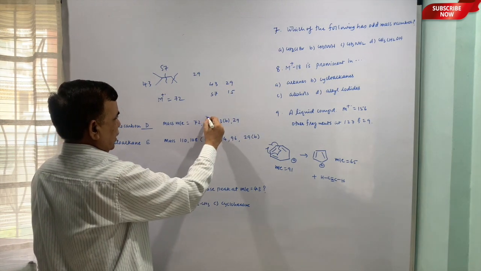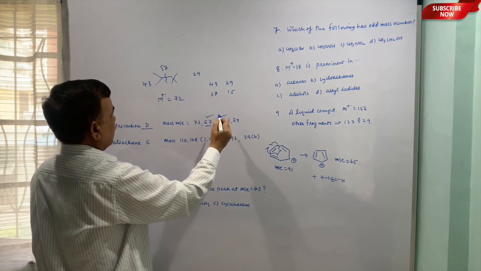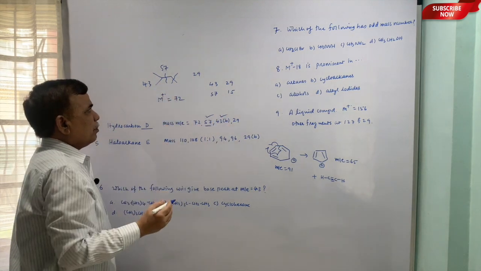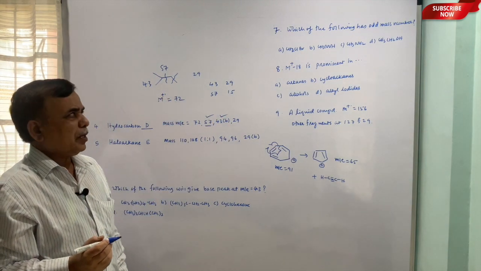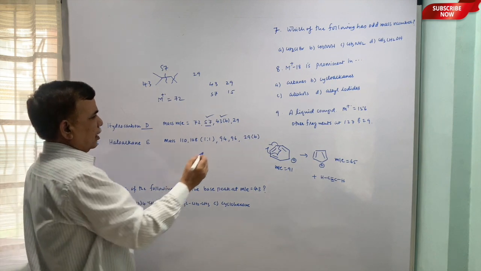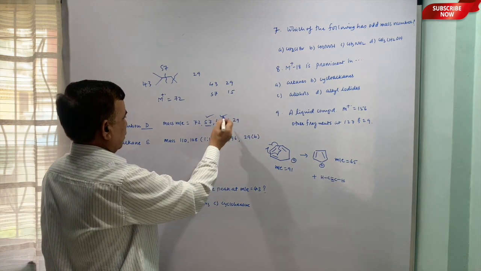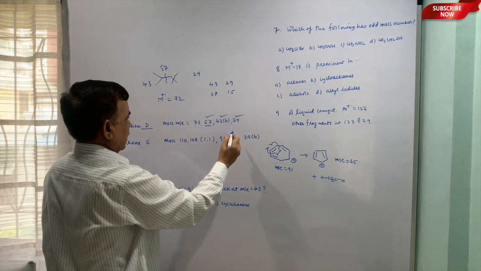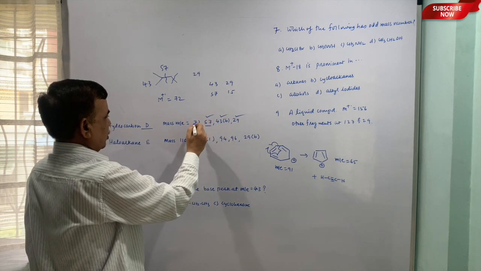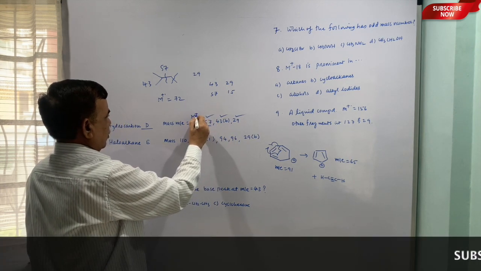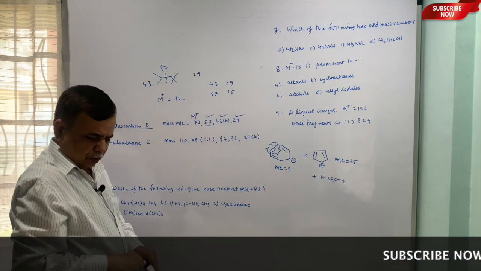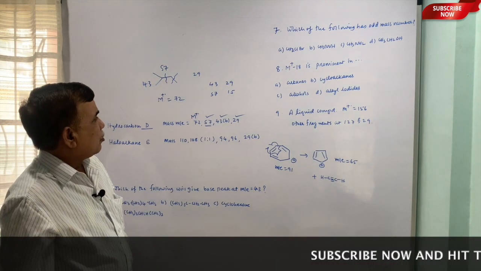So 57 is given, 43 is given. 43 can be base peak because this is the most stable carbonium ion one can have, and 29 can be positive or radical. Now in this case it has to be positive, this has to be positive, this is the M plus radical. So we can have these options.